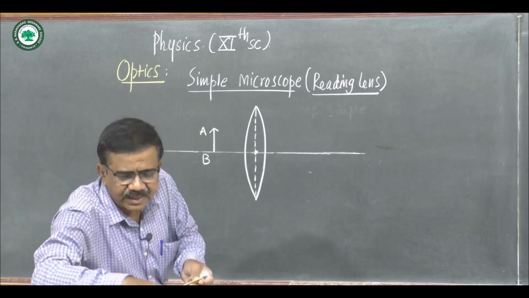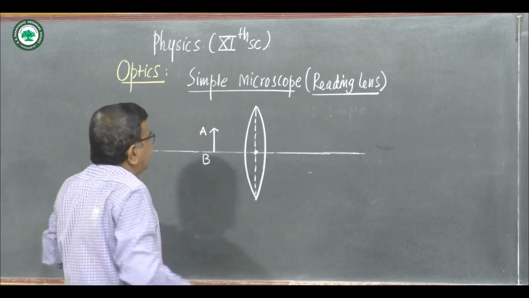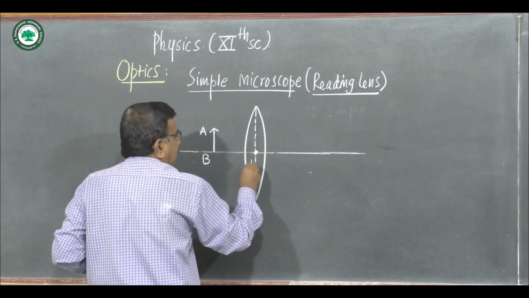This is the object AB. It is placed within the focal length. This is the pole of the lens.